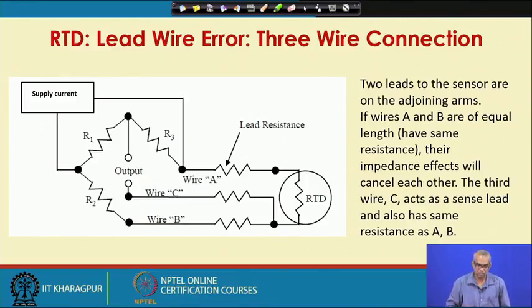So, commonly RTD elements will have 3-wire connections as shown in the schematic. Note that this is the readout or the voltmeter of the Wheatstone bridge, to which the wire C is connected.